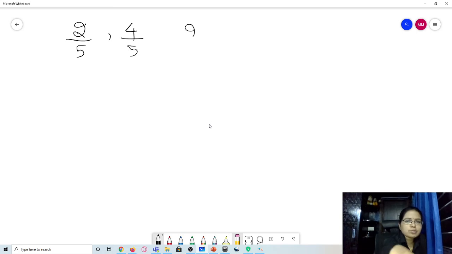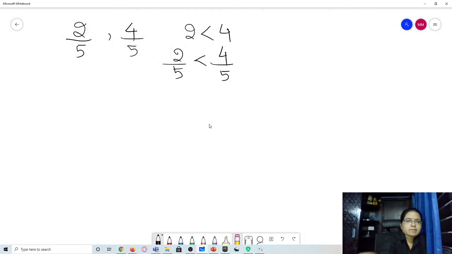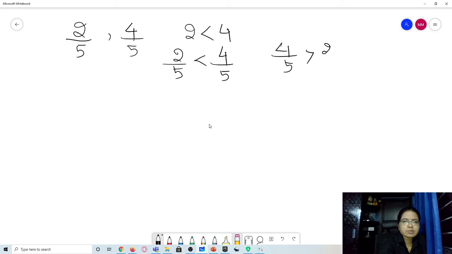Here numerator 2 is less than 4, so 2 divided by 5 is less than 4 divided by 5, or we can say 4 divided by 5 is greater than 2 divided by 5. 2 divided by 5 and 4 divided by 5 are both like fractions. To compare like fractions, just compare the numerators.